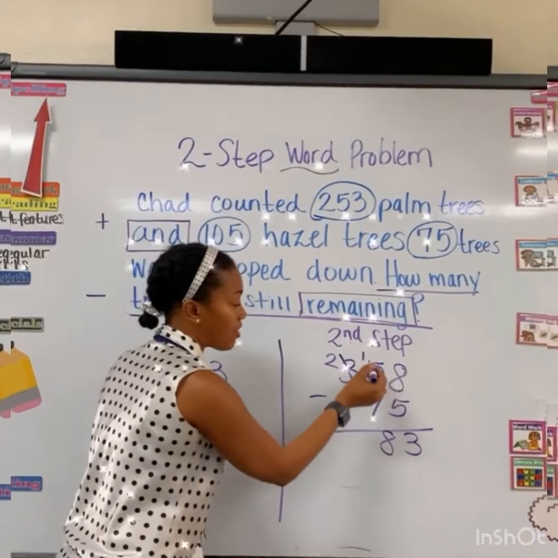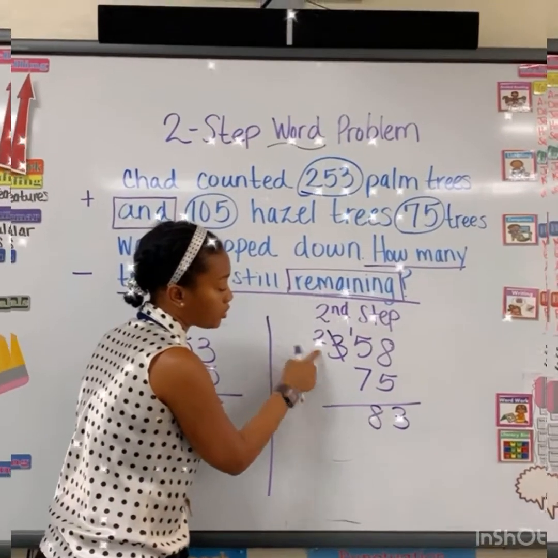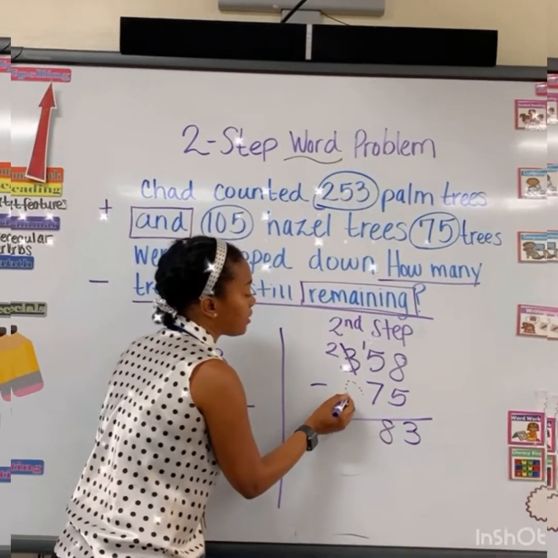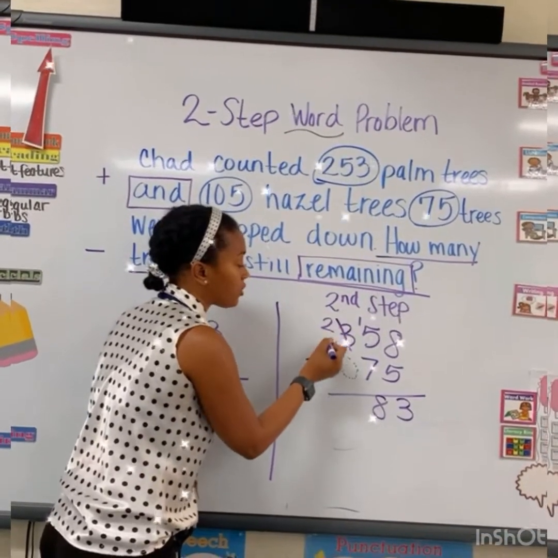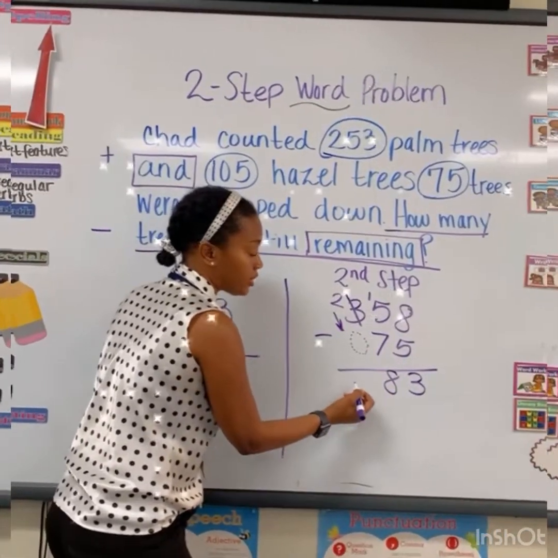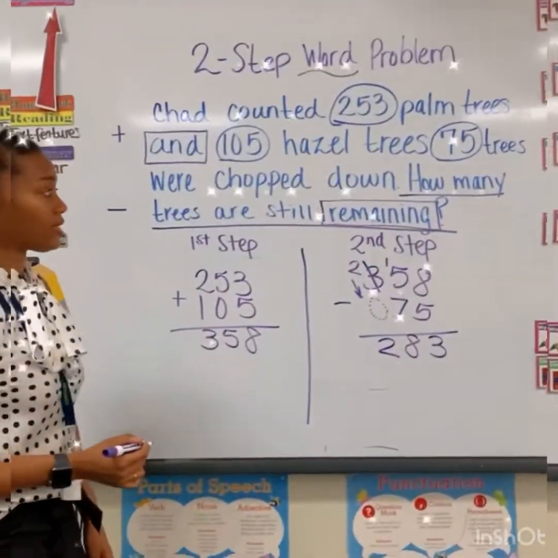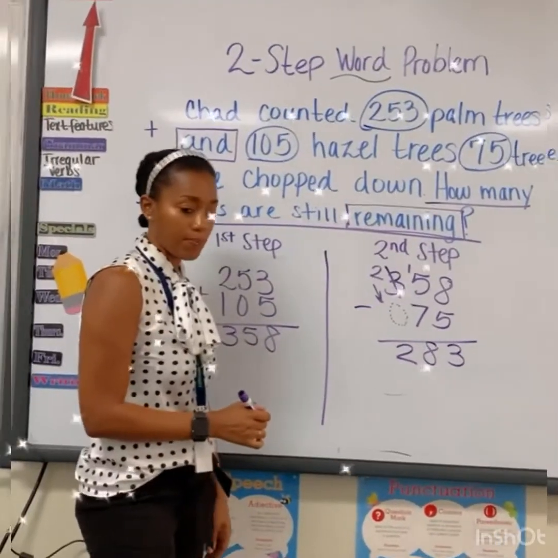So now that we have 15 minus 7, which is 8, we need to take away 2 from 0. Remember I told you, even if there's nothing there, 0 is always a placeholder. So we're really saying 2 minus 0, which is what? 2. So our answer, or the difference, is 283 in this two-step word problem.